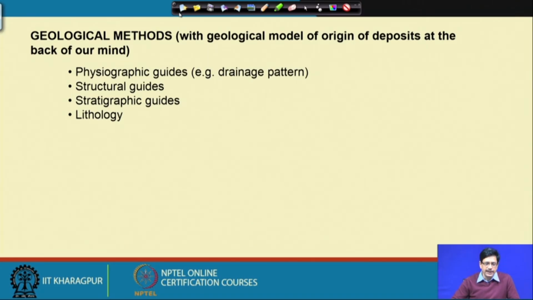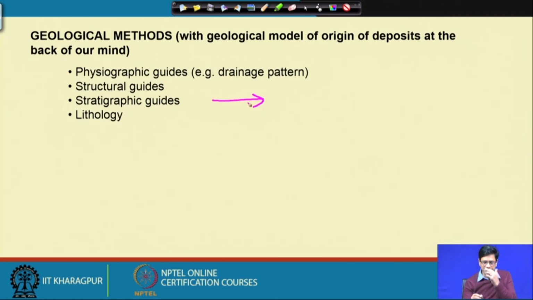And then large scale lineaments coming out of shear zones give rise to lode type deposits which also extend for several hundreds of meters or sometimes kilometer scale, like the ones we have shown in the case of the Harbour Craton. Stratigraphic guides are also important, because we have the example of ores being localized in unconformities.